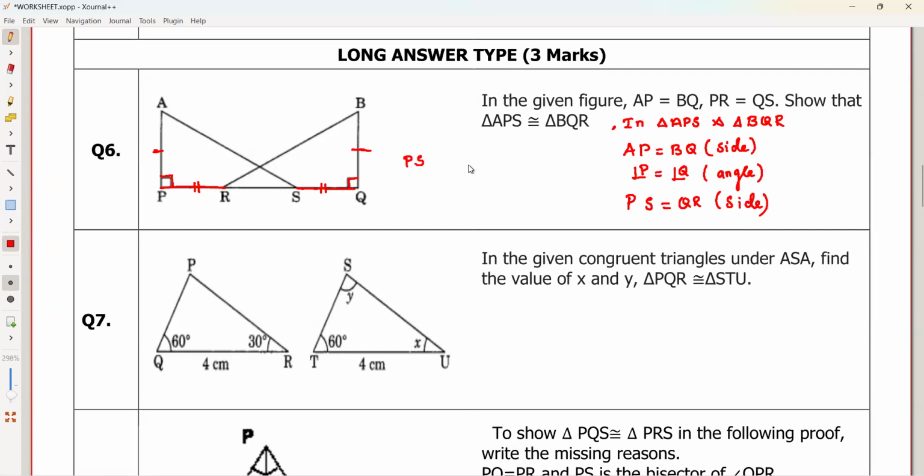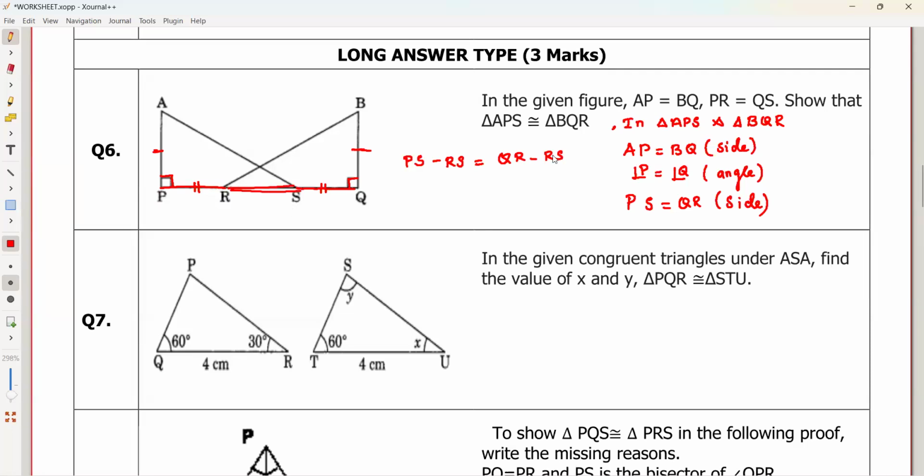If we are subtracting, PS minus RS, and on the other side QR minus RS. For both, RS is common, RS is coming as an extra bit.